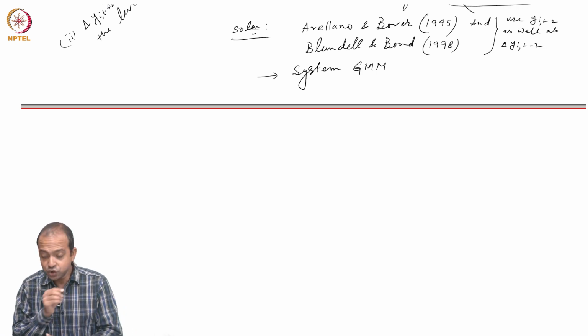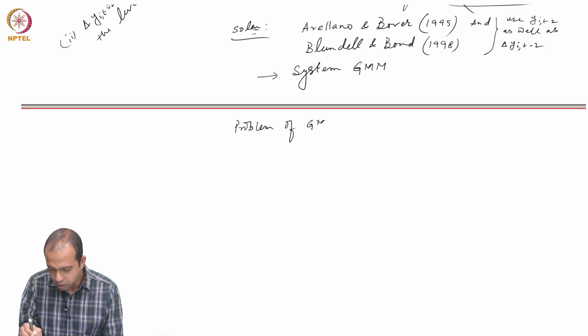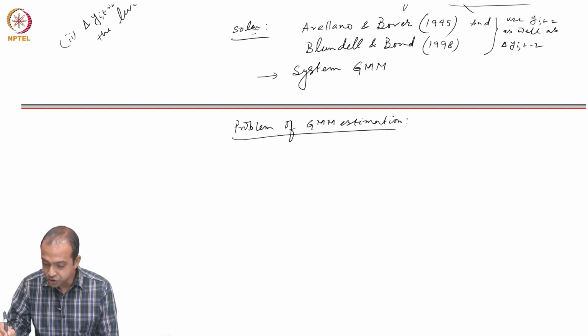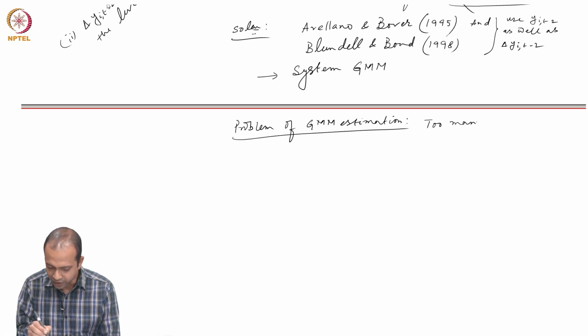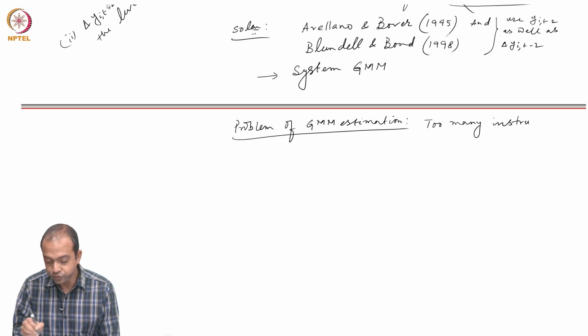And when you have too many instruments, that is a problem of GMM estimation. When you have too many instruments, the over identifying restrictions should be valid for each IV.